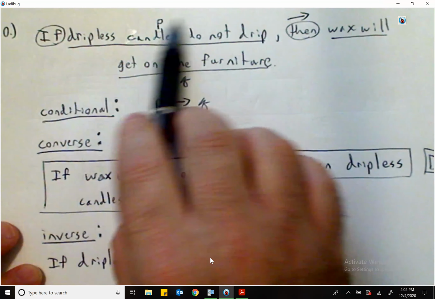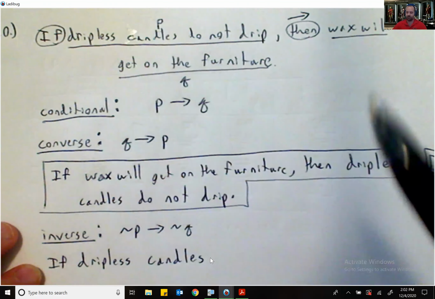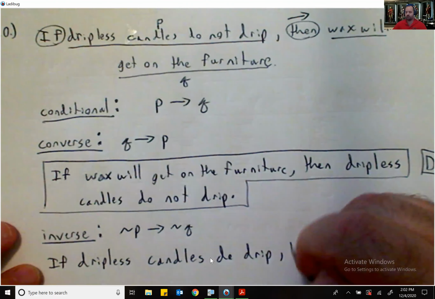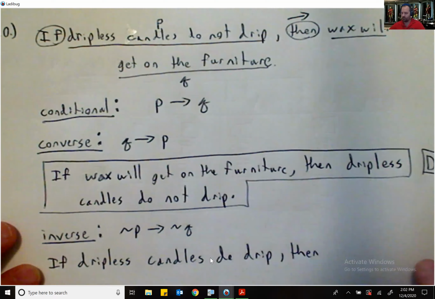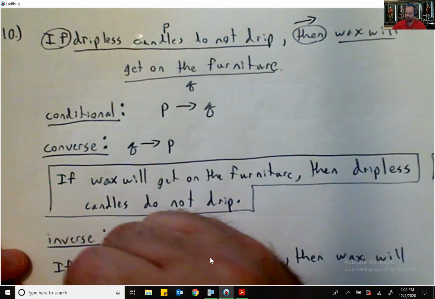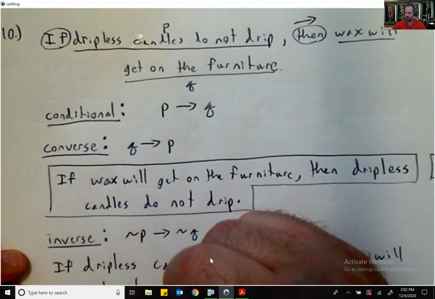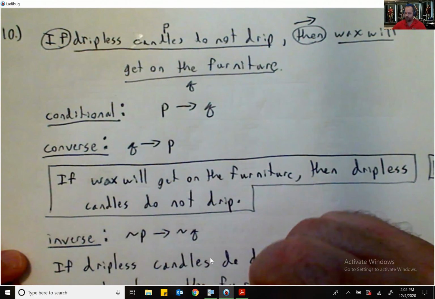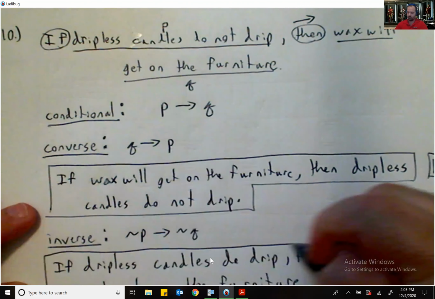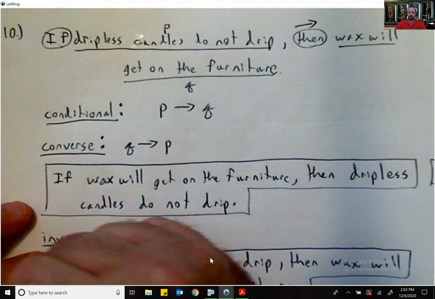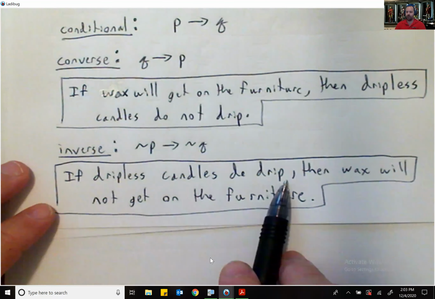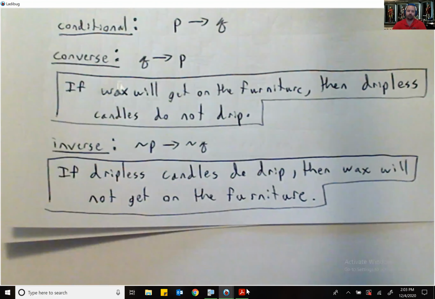So right now it's a not, and the opposite of a not is: if dripless candles do drip, then wax will not get on the furniture. There you are.